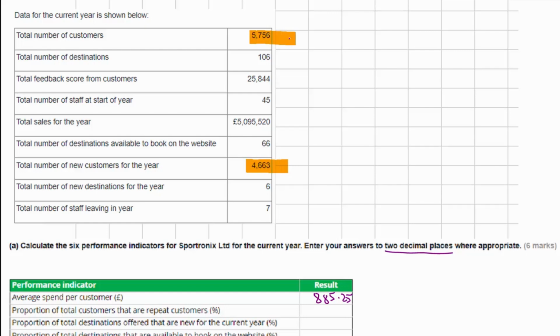So if we compare these two numbers and work out the difference between them, so 5756 minus 4663 tells us that there are 1,093 repeat customers. And we want that as a percentage of the total, so we divide that by 5756, and that gives us 18.988%. So we want the answer to 2 decimal places, don't we? So that's going to be 18.99.